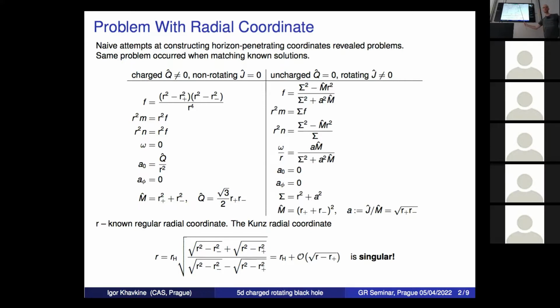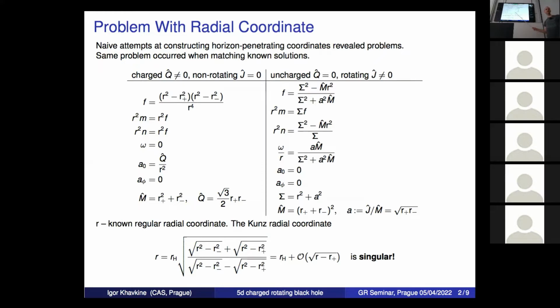It's going to be a little bit difficult to distinguish, I apologize for that, from the Kunz radial coordinate, which is denoted by the script r. But in terms of the upright r's, we know what all these things should be. When you translate between the regular radial coordinate and the Kunz radial coordinate, you discover that it has a square root singularity precisely at the horizon.